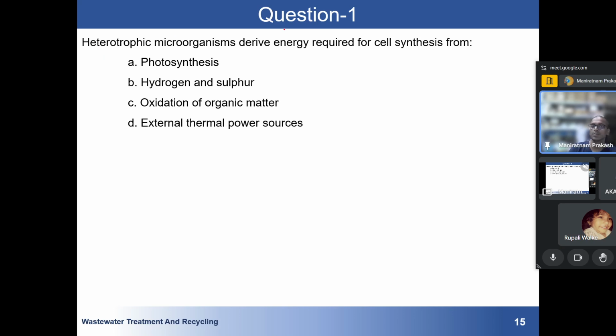Heterotrophic microorganisms derive the energy required for cell synthesis from... First remember what heterotrophic means. I think this is a very simple question. Divyani says C, oxidation of organic matter.